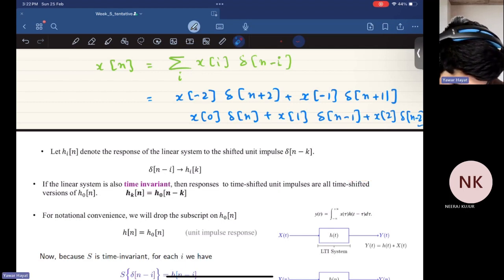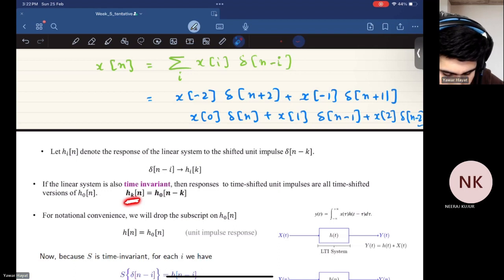Okay, coming back. The fact that this system is time invariant, I can write this h_k of n. What is h_k of n? This is the output of the system in which this delta sequence is shifted by k, right?